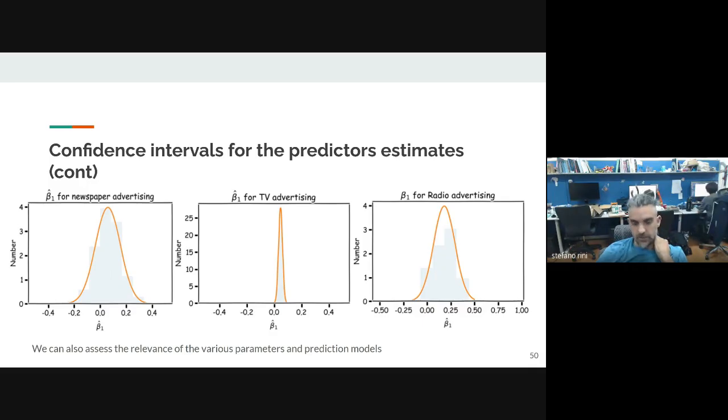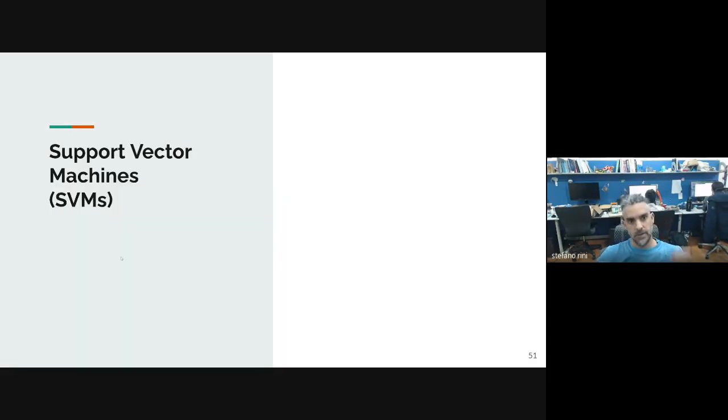So we are confident that the true relationship between the TV advertisement and the sales is there. And for example, this one has a very large variance, right? So we might decide that when we want to predict sales, we do not want to trust the value of the newspaper advertising, because the influence of this input over the output of the model is too noisy for us to be trusted. Okay, very good.